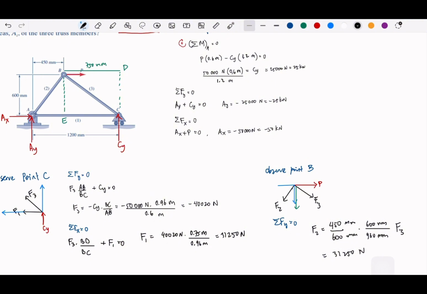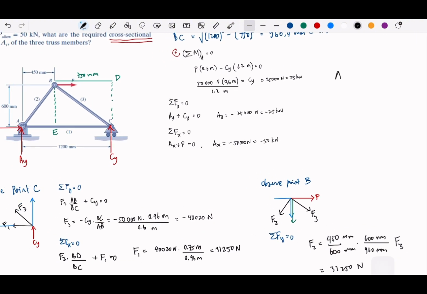Okay, so all the forces we get, then for each one of them, A1, A2, A3, we take all the F1 divided with. Now we need to make sure which one is the tension, which one is the compression, and that is how we define the sigma.